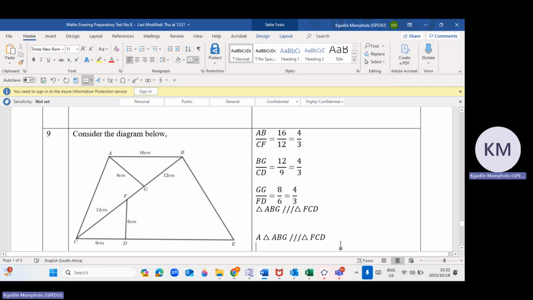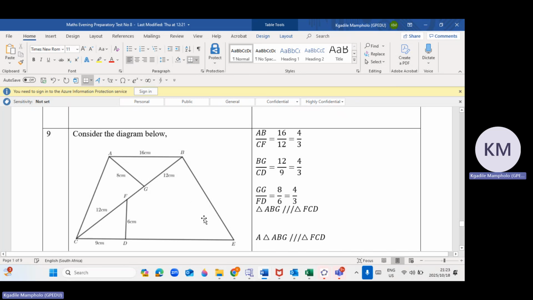Last one, I wanted to test the converse of similarity. Remember, if two triangles are similar, their sides are proportional, and the converse is, if the sides of two triangles are proportional, then they are similar. In this case, we're given the lengths. Let's see if they are proportional.